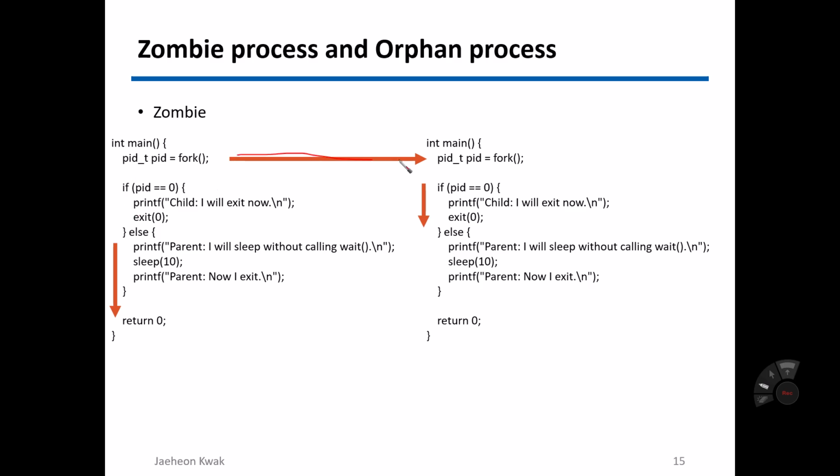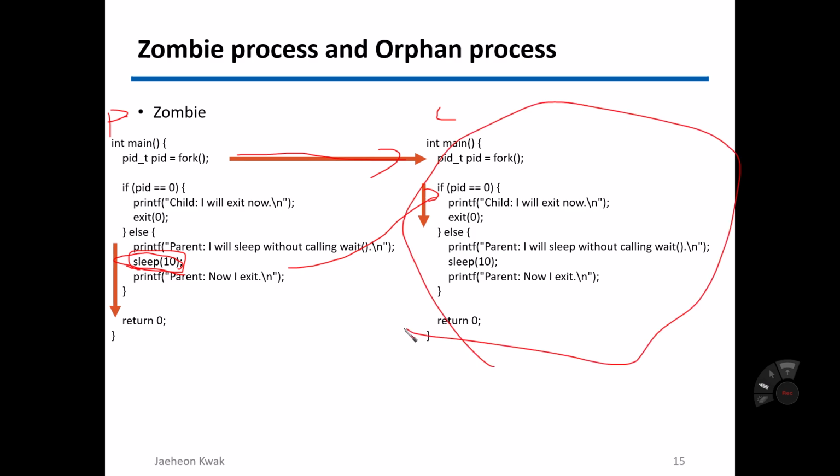So the child process will be created, and during this sleeping for 10 seconds, the child process will be terminated. And during these 10 seconds, this child process will become a zombie process, because the child is dead but the parent is alive.